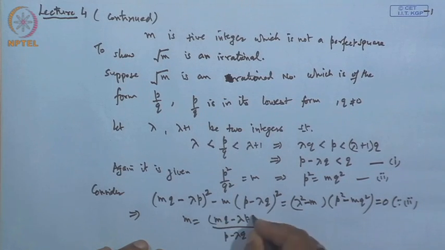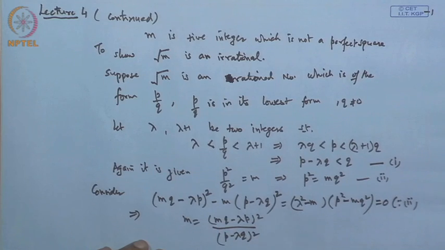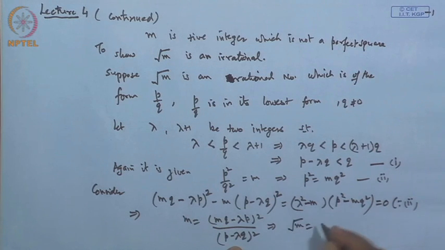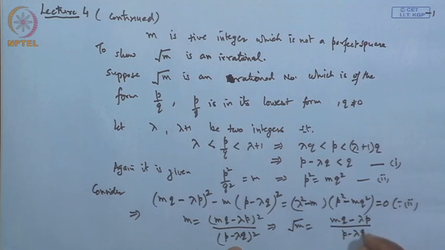So, m will come out to be (m q minus lambda p) over (p minus lambda q), whole square. So, root m will be of the form (m q minus lambda p) over (p minus lambda q), just taking positive roots.